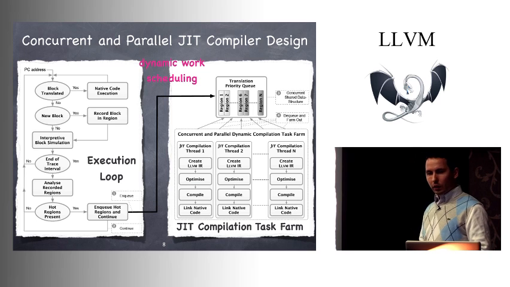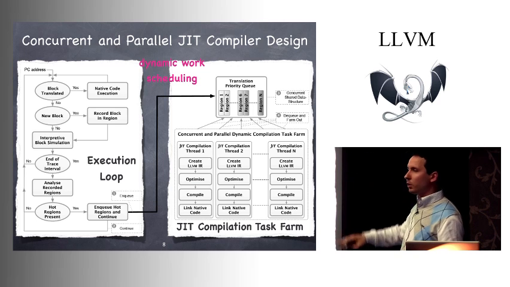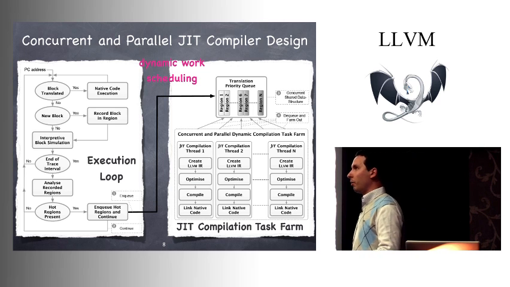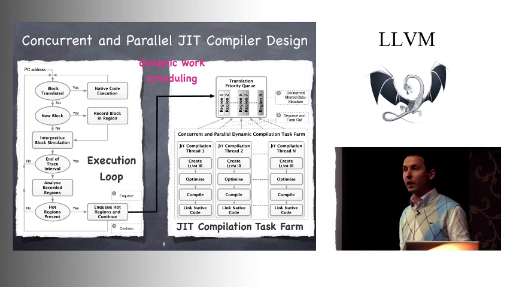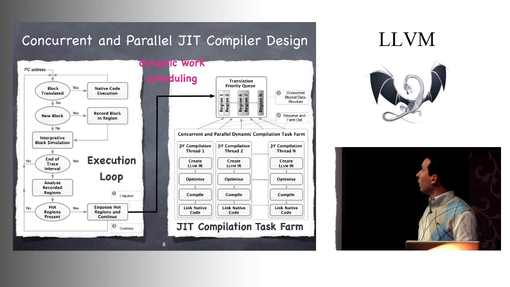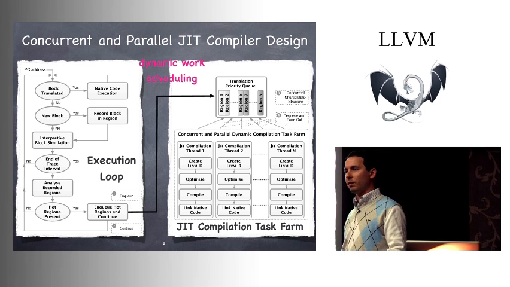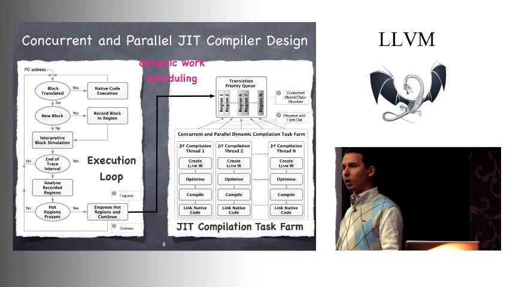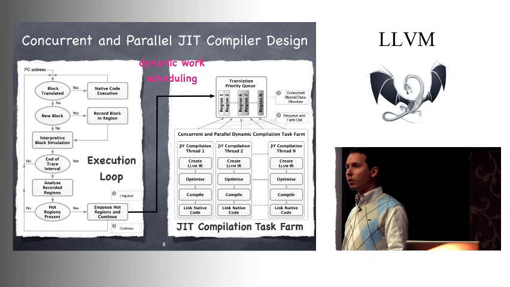Now, if you think about this, you see that we're using this translation priority queue, and maybe some of you have wondered, it's a priority queue, so what are we prioritizing on? If you think about it from an end user's perspective, if I'm using a VM, what I care about is that the code that I'm currently executing and that's frequently executed is really important to me.